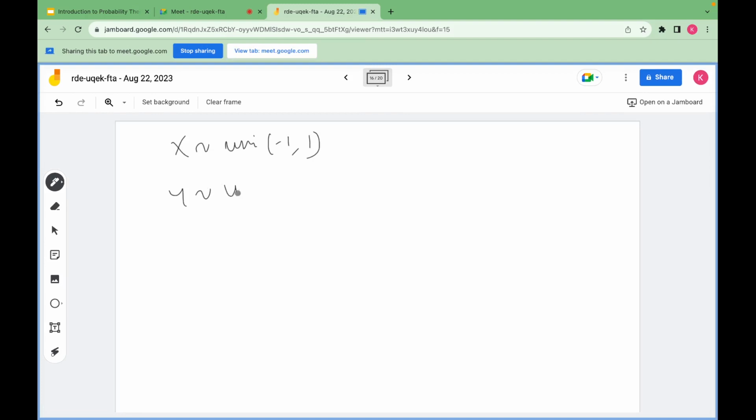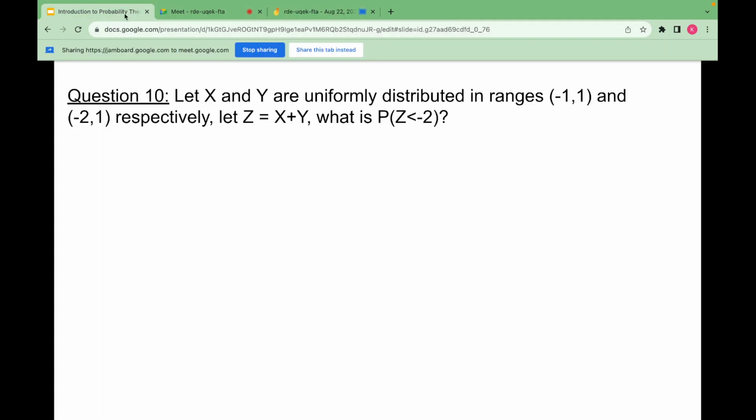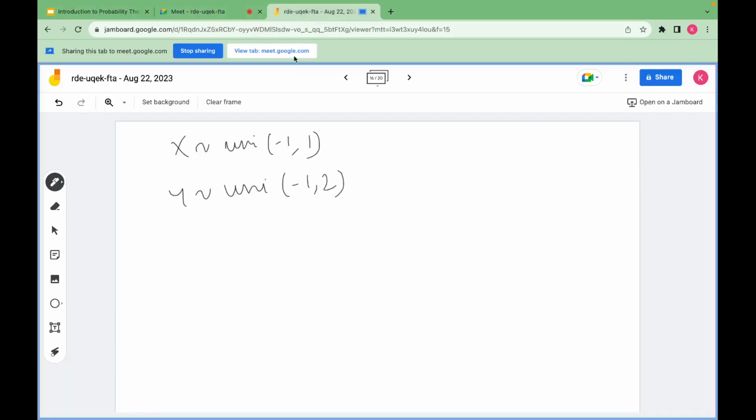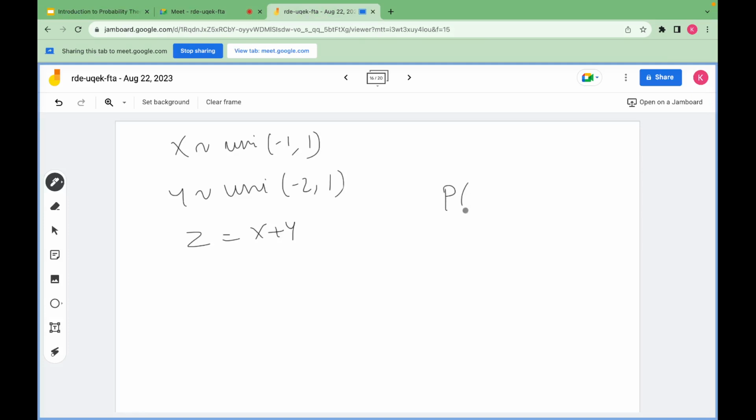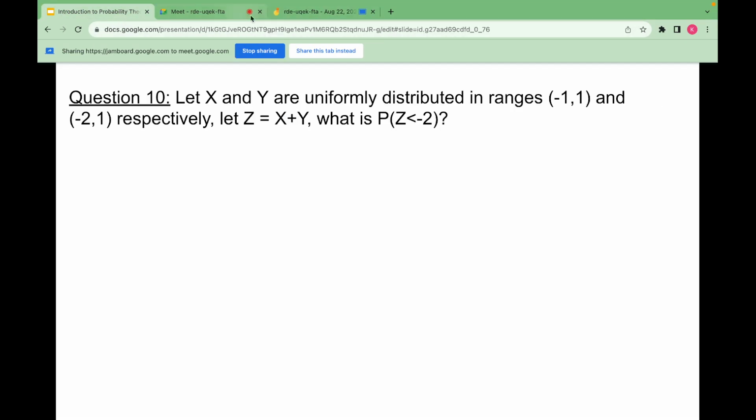Y is a uniform distribution from minus 2 to 1. Z is equal to x plus y, and we need to find the probability that z is less than or equal to minus 2.